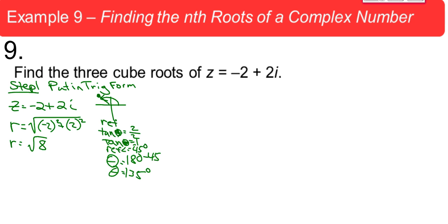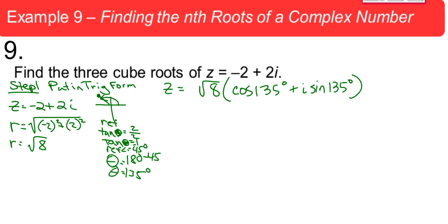So this z in trigonometric form is z equals the square root of 8, parentheses, cosine 135 degrees, plus i sine 135 degrees. And instead of using 2 pi now, we're using 360, correct? So that'll be a little difference in our minds.